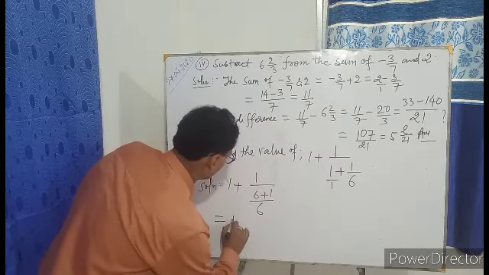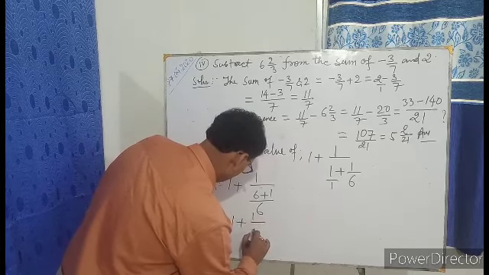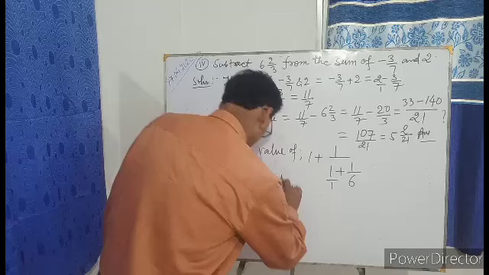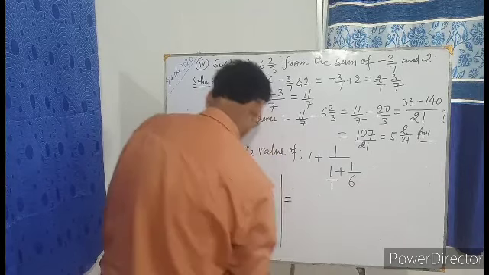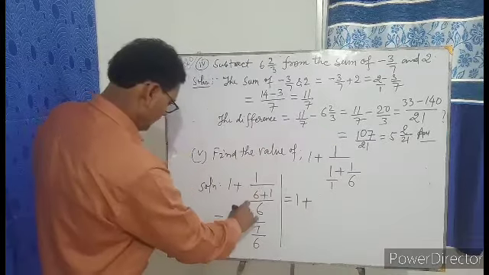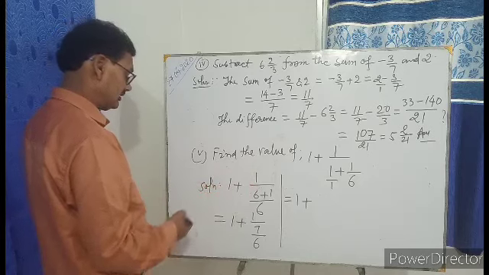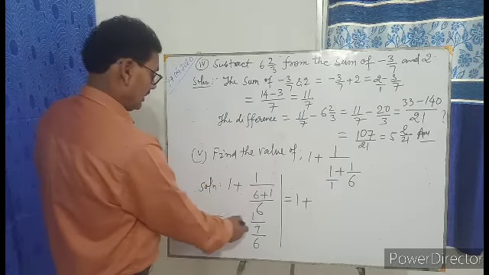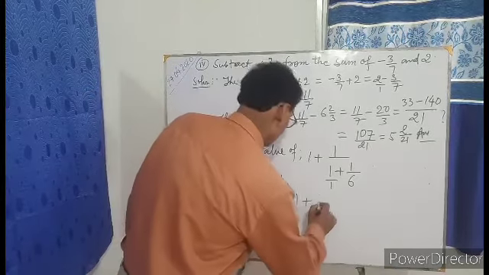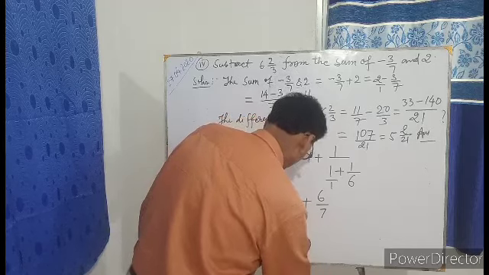So this will give you 1 plus 1 upon 7 by 6. 1 plus 1 by 7 by 6 will become 1 plus 6 by 7.